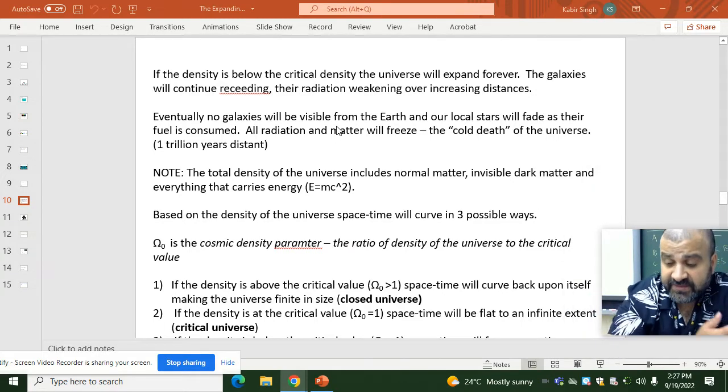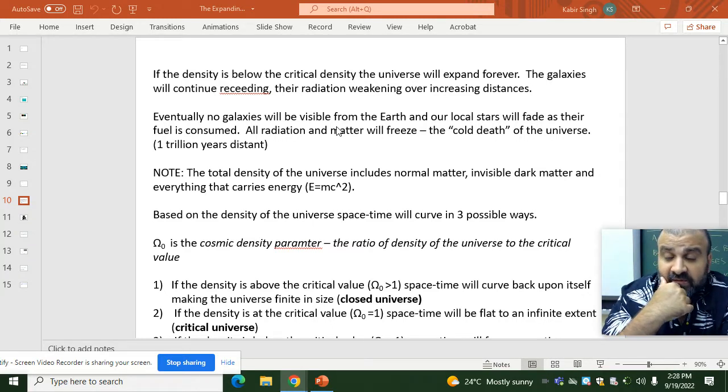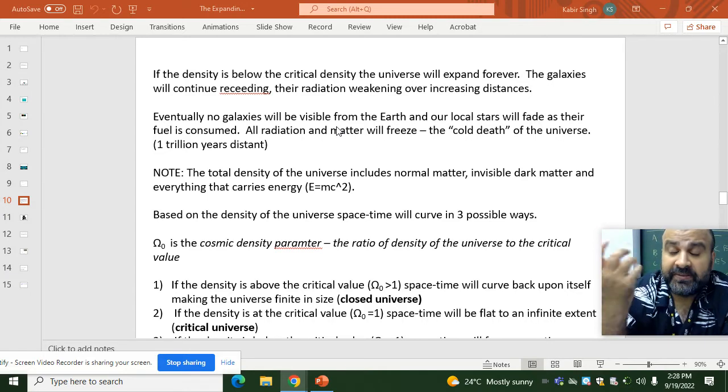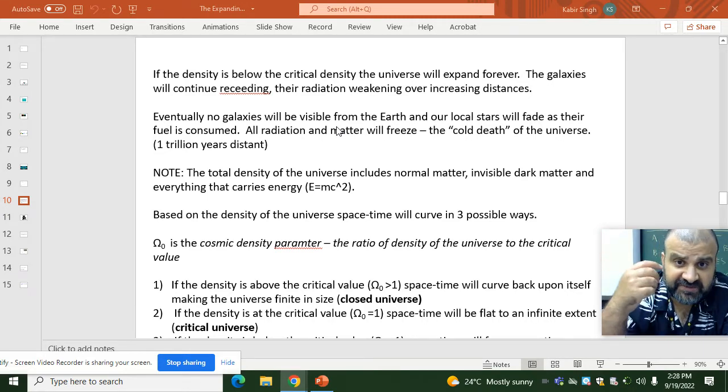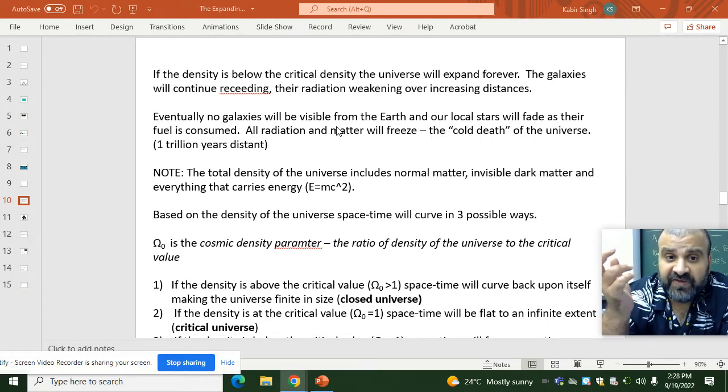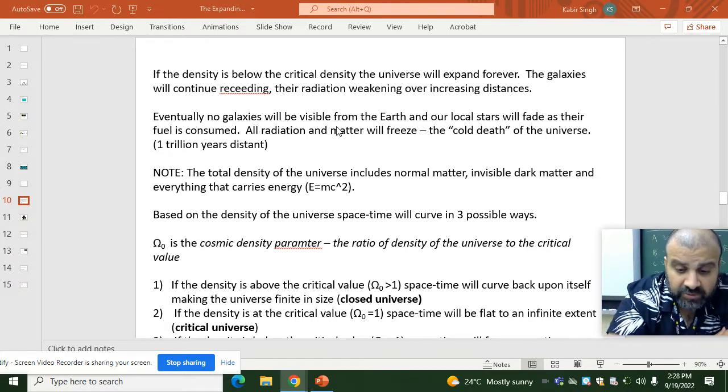So, with that expanding universe where we're below the critical density, eventually we won't be able to see anything. Everything will just keep moving away. No galaxies will be visible from the planet. All the local stars in the Milky Way, right, they will fade and die and cool as they run out of hydrogen fuel.